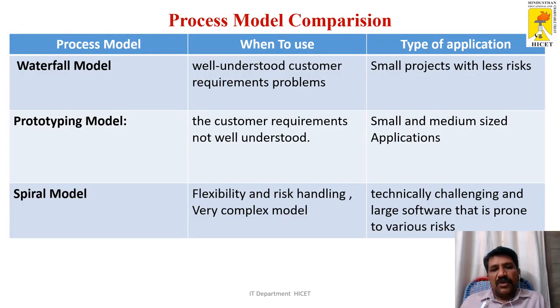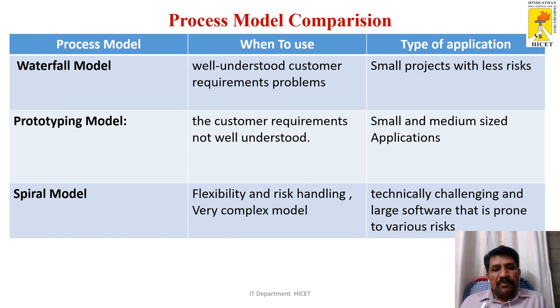Project models comparison. The waterfall model is a sequential model. This model is used when the developer well understands the customer requirements and problems, and it is applicable for small projects, and these projects have less risks. The prototyping model is used when the customer requirements are not well understood by the developer, and it is for small and medium sized applications.